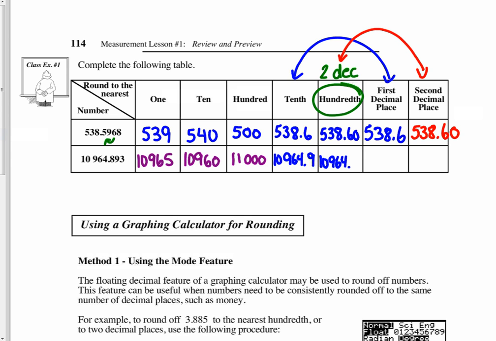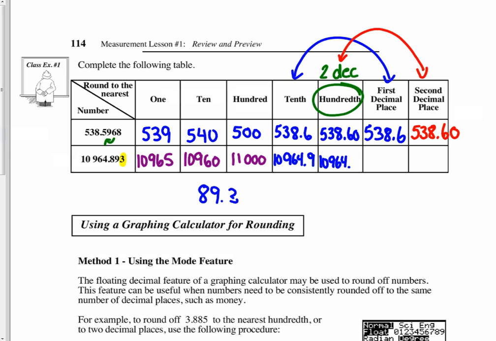Remember when we're rounding to 2 decimal places? If I'm looking at hundredths, I have to look at the number after. Right? I want 2 decimal places, so I look at the 3rd decimal place. If it's 5 or higher, that next number rounds. Because this is a 3, is that closer to, if we just think of the number 89.3, is that closer to 90 or 89? 89, right?